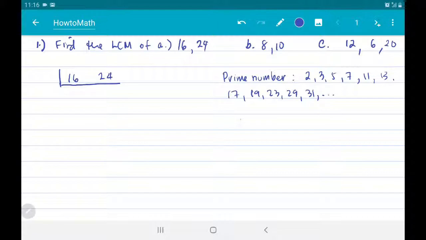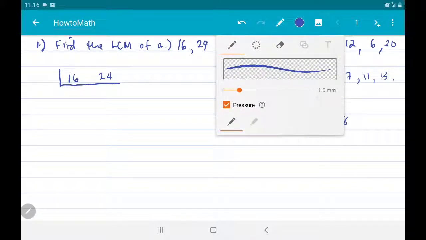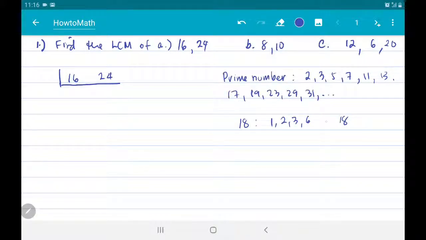On the other hand, 18 is not a prime number because the number of divisors is more than 2. The divisors of 18, for example, are 1, 2, 3, 6, 9, and 18. So it has many divisors, and prime numbers have only 2 divisors. Sorry, this is 9, not 19.